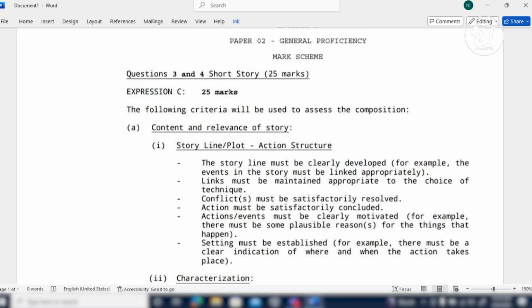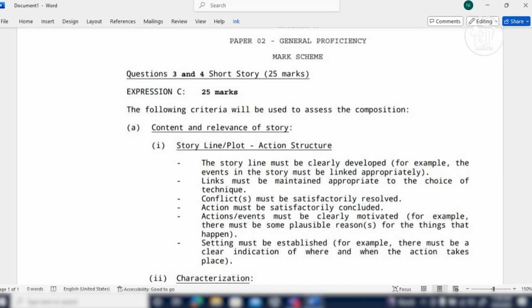There was no doubt in the reader's mind, as there will be no doubt in the examiner's mind, that you have satisfactorily resolved the conflict. And all the actions and the incidents must be resolved, and you come to a plausible end. When I say a plausible end, a believable end. Because remember that the short story is not a fairy tale, class. It's a credible piece of things that we can relate to in our own lives.